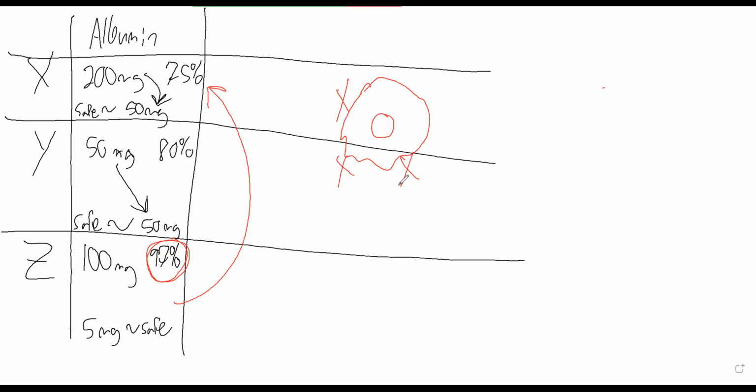If we bring in drug Z, it is going to kick all of this off of the cells. It's going to unbind it from the albumin and take its place because that has a higher binding affinity. Where this becomes problematic is now we've got all 200 milligrams of drug X in the blood, which is 4 times the range that is safe.